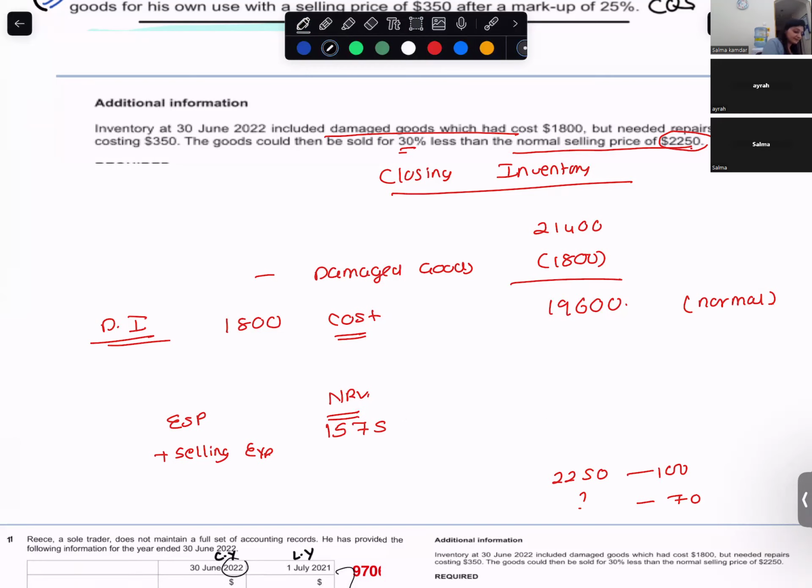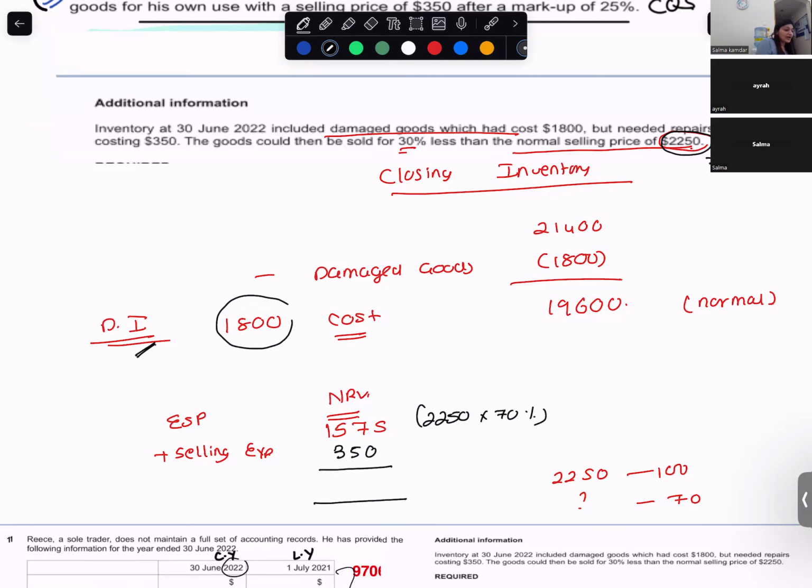Digest and tell me. Your damaged inventory, which had cost 1,800, could be sold at 70% of 2,250 if you did a repair expense of 350.